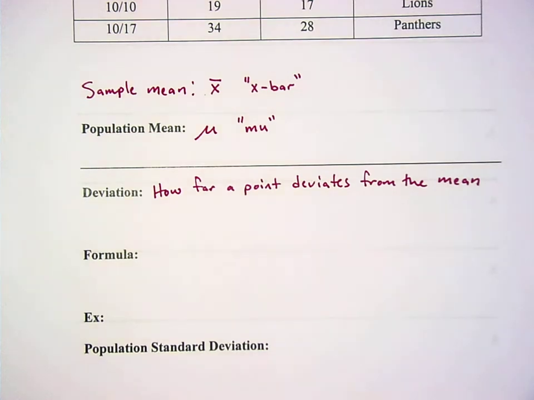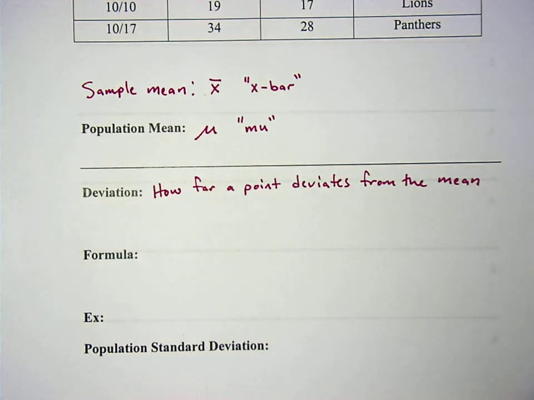Okay, so let's say that we had stats on how many black eyes people have gotten in their lives, okay? And let's say up until high school, the average is 2. So sometime in your life, you've gotten 2 black eyes maybe from whatever you were doing. Now, Andon, how many black eyes have you gotten for real? 1. So Andon's deviation would be -1 because he's 1 under the average.